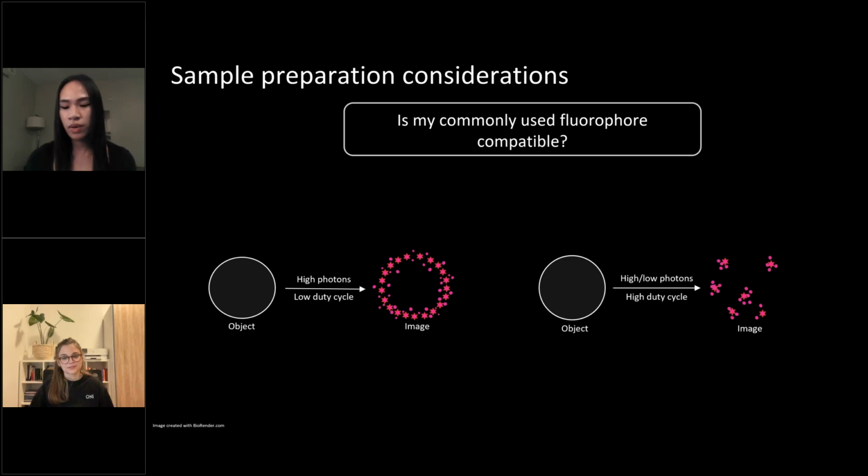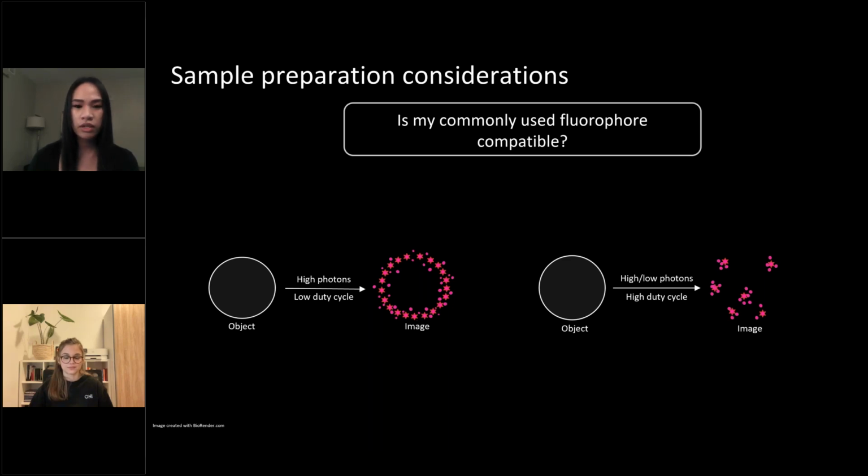The reason why is that the photophysical properties of fluorophores can influence the quality of your super resolution image. Two important considerations are the number of photons and the duty cycle for blinking. A high number of photons emitted per blinking event yields a greater localization precision. So that means you'll always want to choose a fluorophore that's very bright.